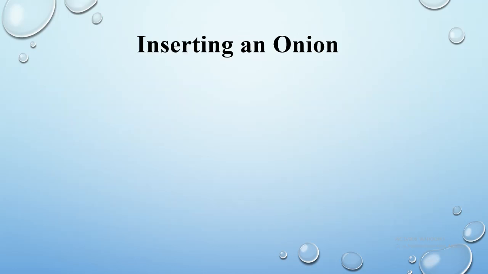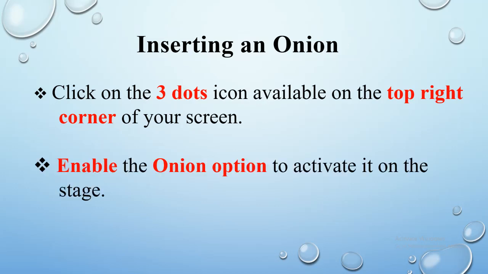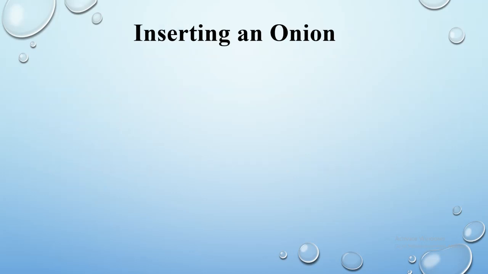So inserting an onion, how do you enable the onion option? Click the three dot icon available on the top right corner of the screen. As you do in the project setting option, the same way you have to touch that three dot option. Then enable the onion option to activate it on the stage. Inserting an onion, I just refer with the help of a screenshot.